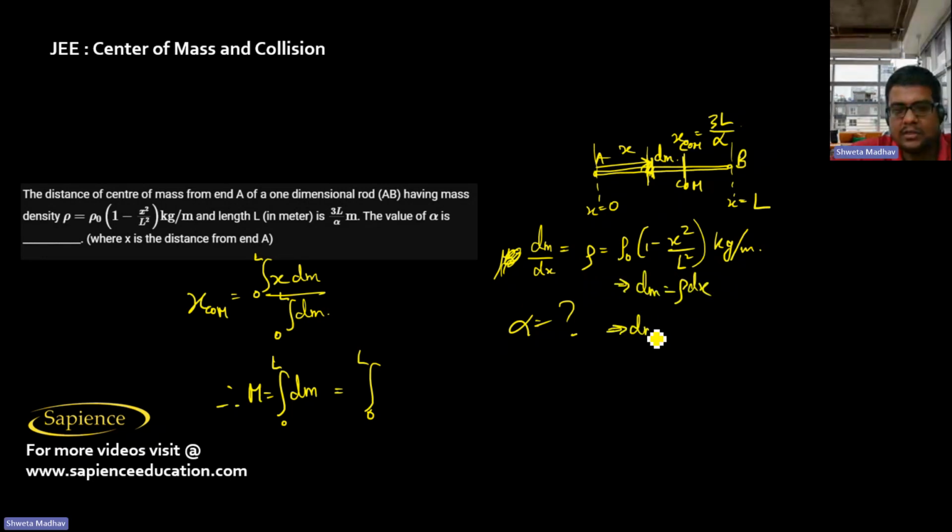So dm will be rho naught into 1 minus x square by L square into dx.